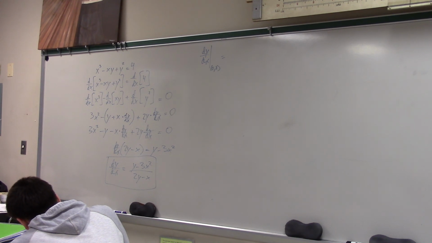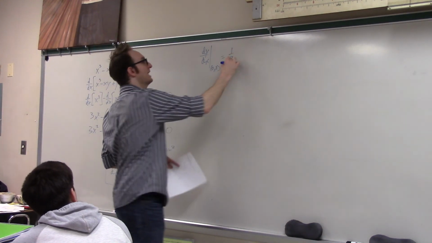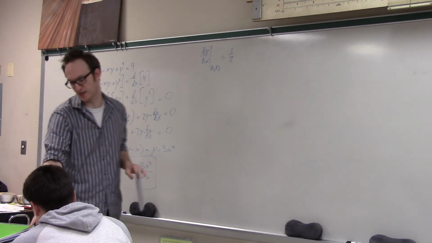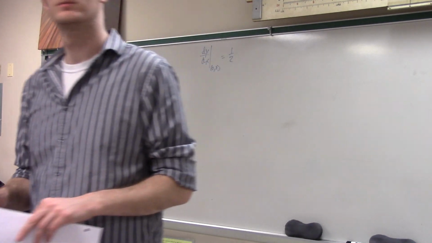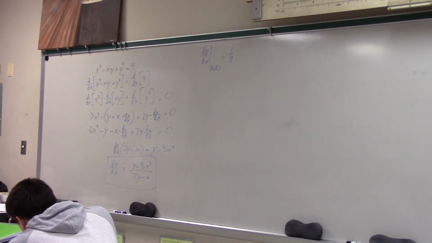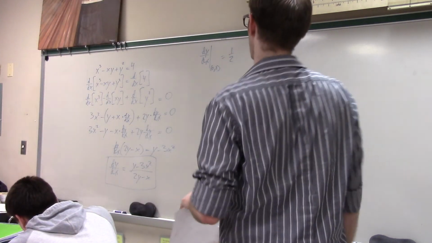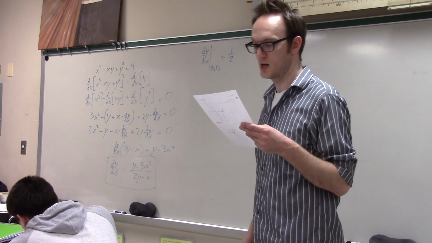What do you get? 1/2. Yeah. I'm not going to draw the curve, but does it look on your paper like the slope of the tangent line at the point 0, 2 is 1/2? It sure should look like it. And now I can ask all kinds of advanced questions.